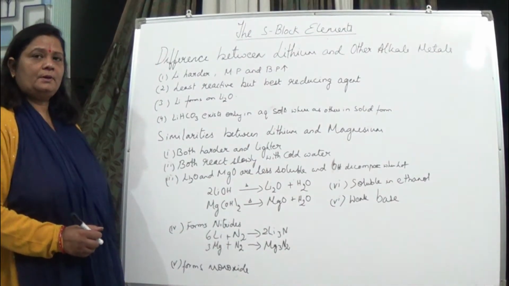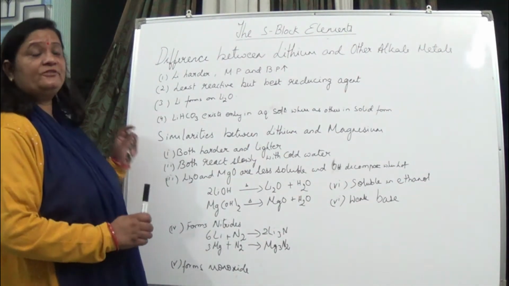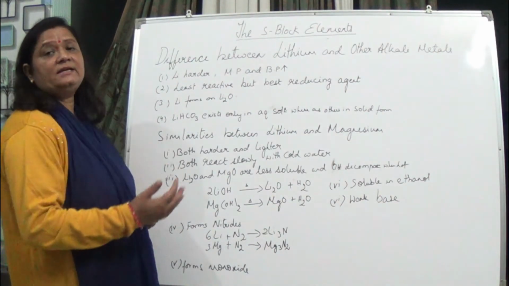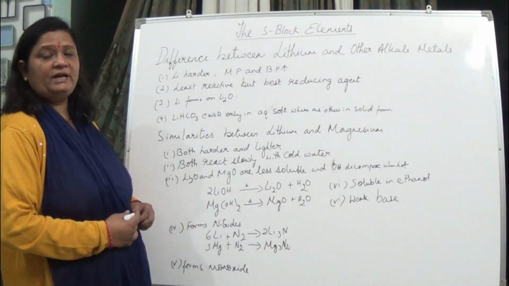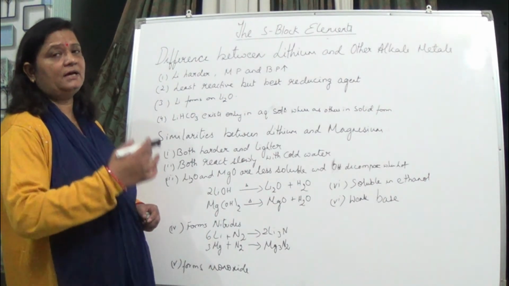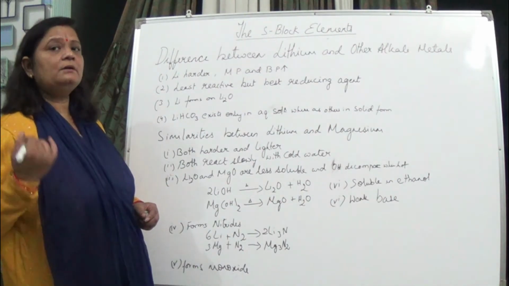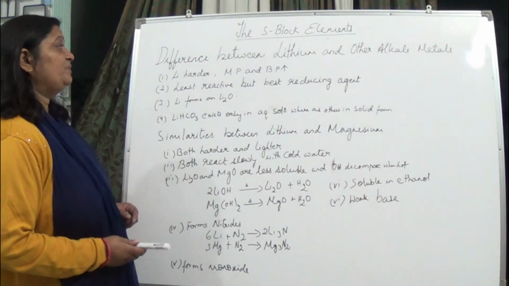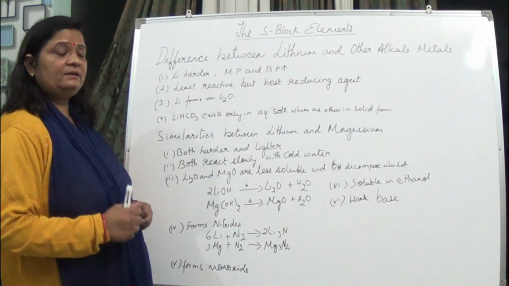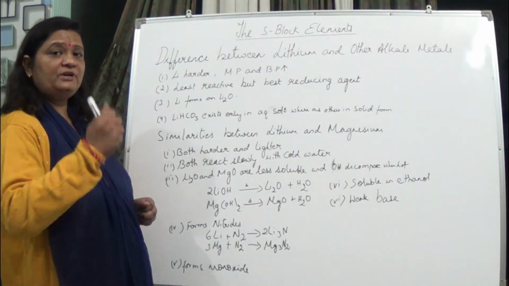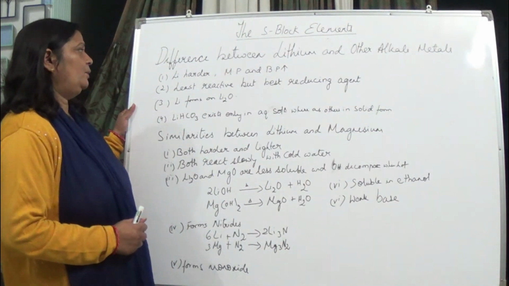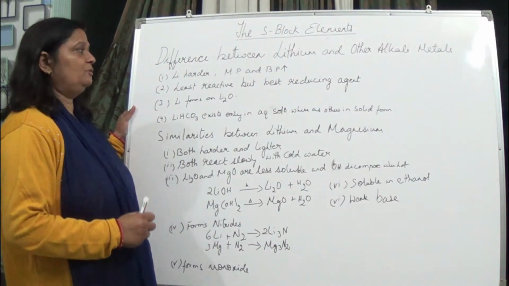Now let us see the differences between lithium and the other alkali metals. I said that lithium has anomalous behavior because it has different characteristics than the other elements in group 1. Lithium is hard in nature. I told you that alkali metals are soft because of weak metallic bonds, but lithium is hard. Why? Effective nuclear charge.